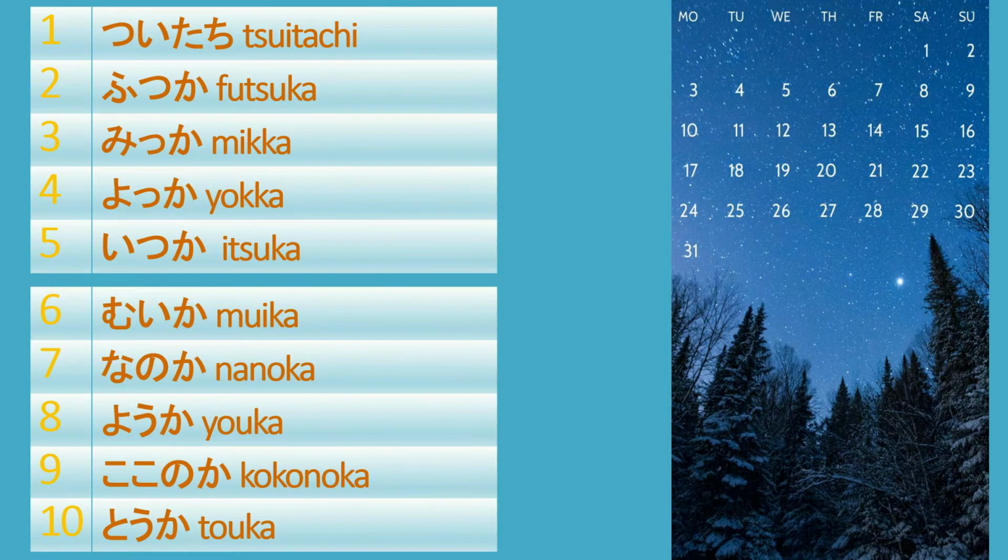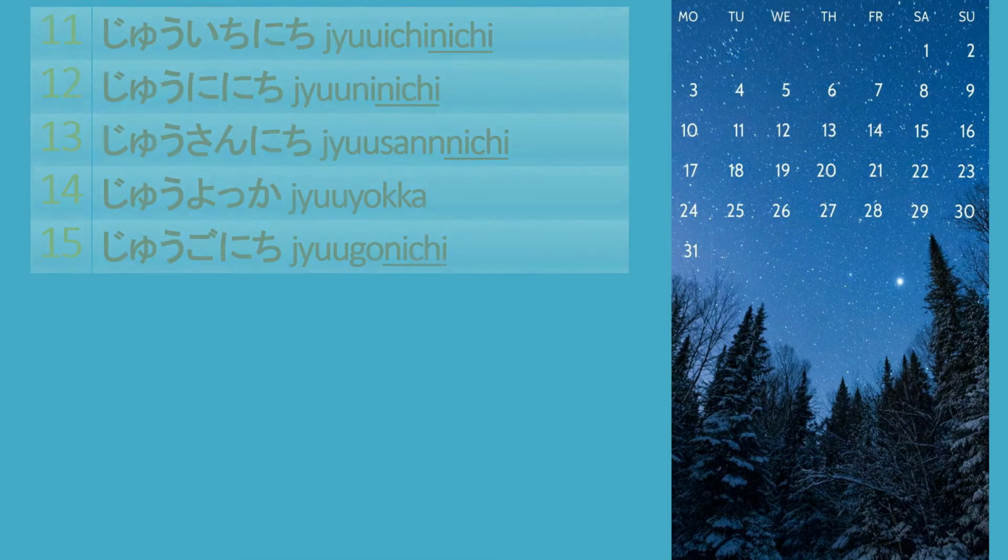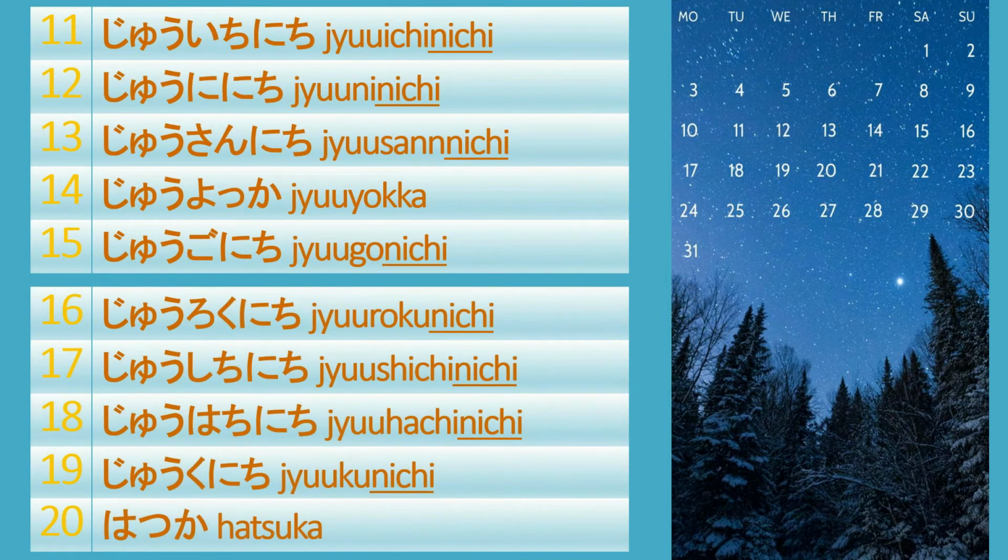So, 1 to 10. 1日、2日、3日、4日、5日、6日、7日、8日、9日、10日. Okay? 11 to 20. 11 is 11日. 12 is 12日.